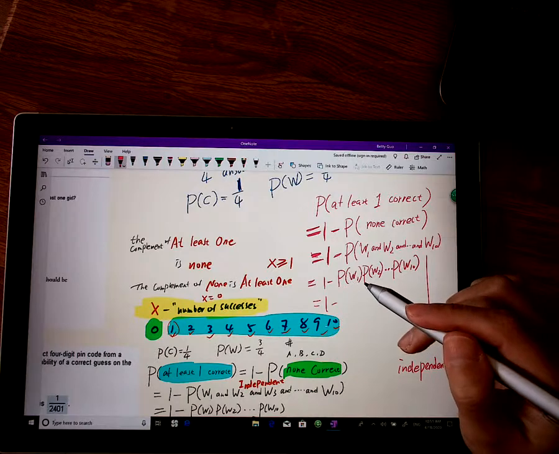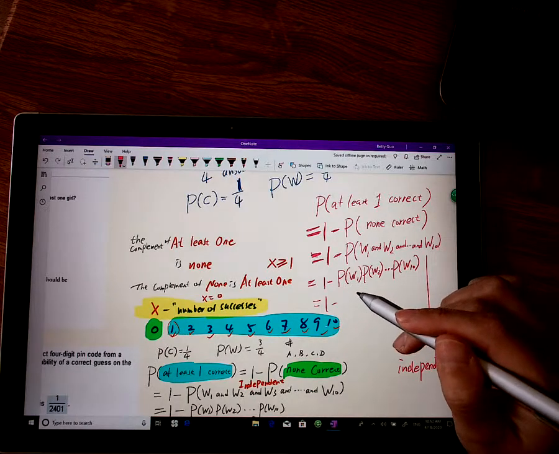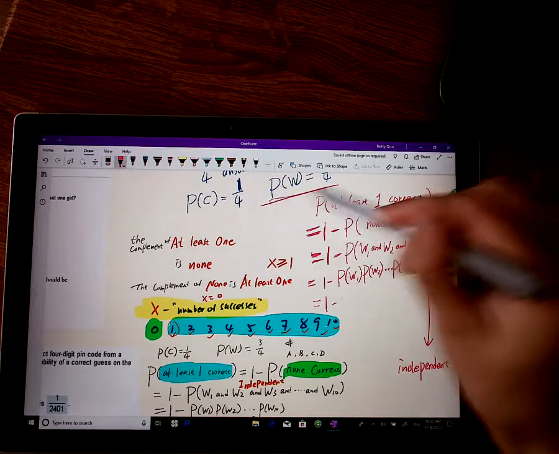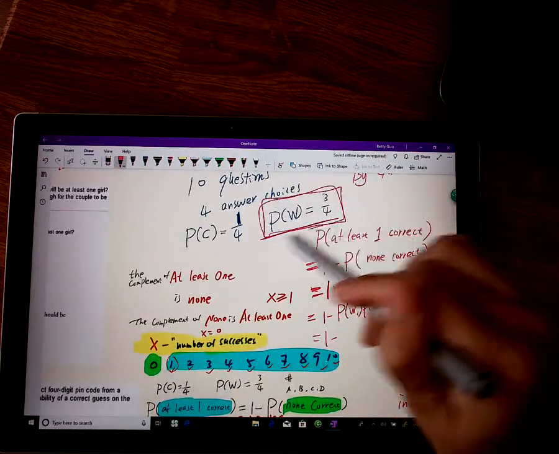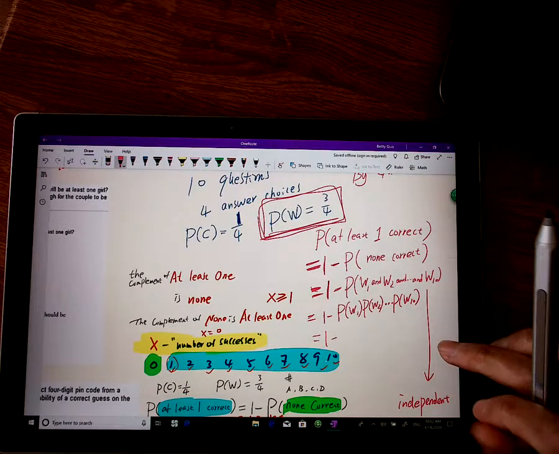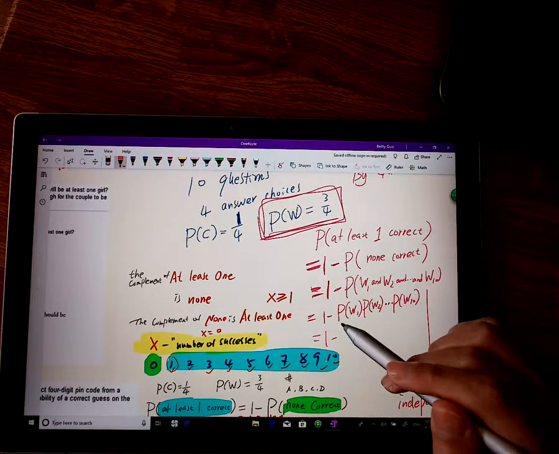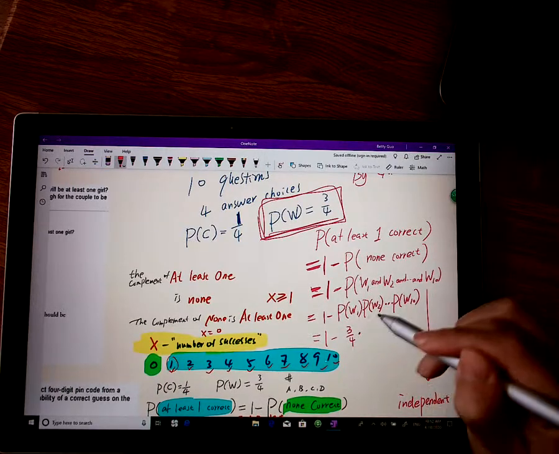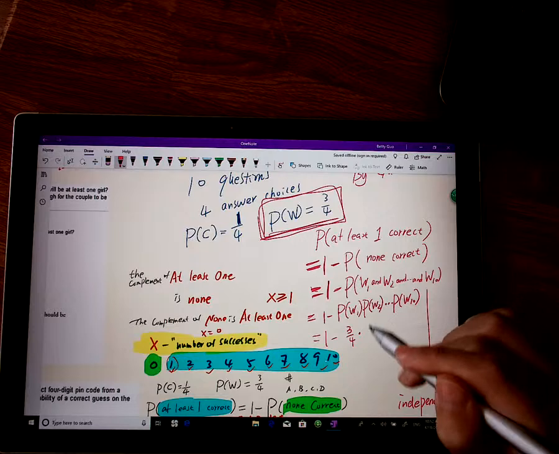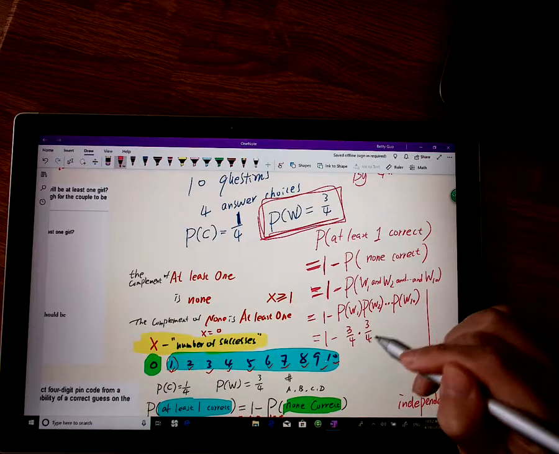All right, so what's the probability of W1? The first question you get it wrong. What's the probability of getting it wrong here? 4 answer choices. Only 1 is correct. So the chance you get it wrong is 3/4. Then what's the probability of the second question you get it wrong? Still 3/4.